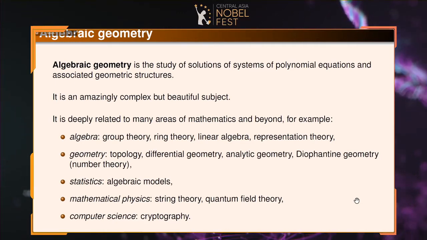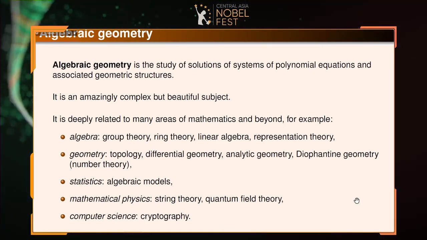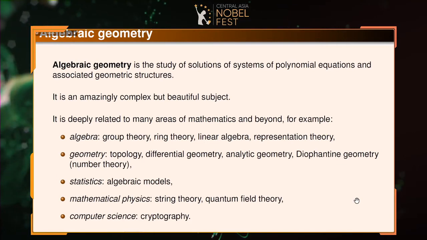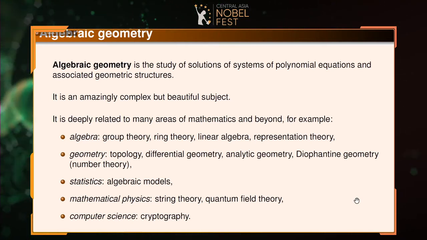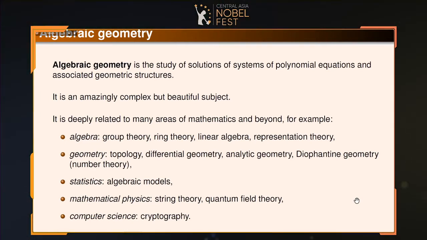The subject itself is a really amazingly beautiful and complex part of mathematics, although polynomial functions are in a way among the simplest kind of functions in mathematics. But it's just amazing that the mathematics that is constructed out of these polynomial functions, in fact, leads to some of the most complicated, the hardest parts of mathematics.